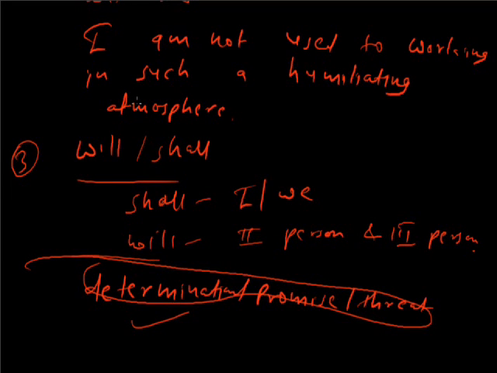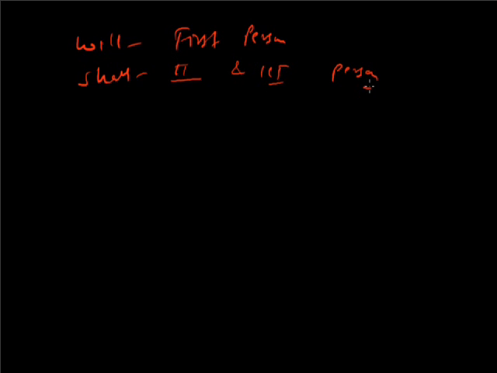Yes, I was telling you, if you want to talk about determination, promise, and threat, then you will use will with the first person and shall with the second and the third person. Second and the third person. Clear?